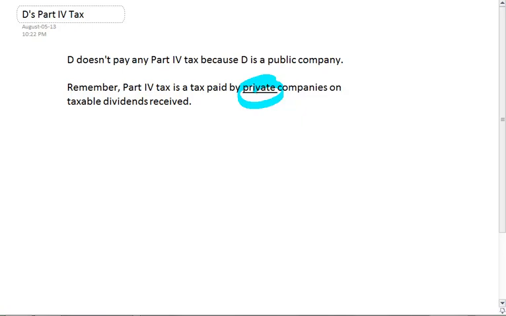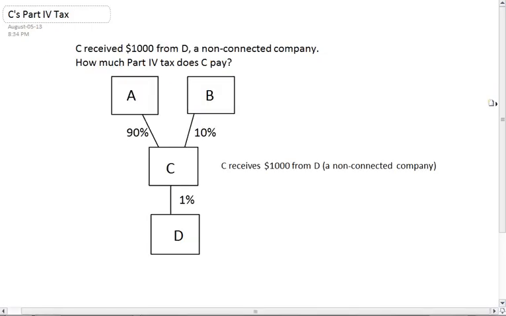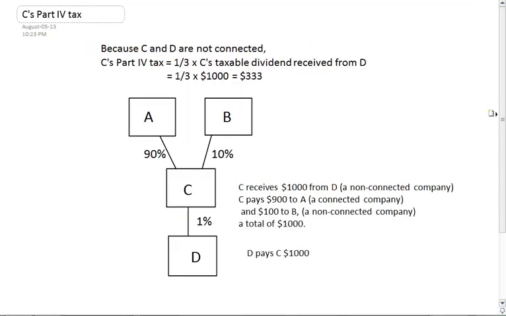How about C, who received a $1,000 dividend from D? How much Part 4 tax does C pay? C and D are not connected, so C pays Part 4 tax equal to 1/3 of the dividend received from D, the non-connected corporation. So 1/3 of $1,000 is $333.